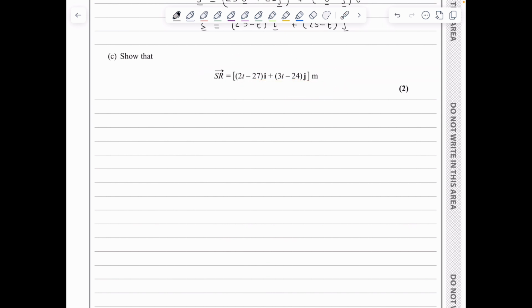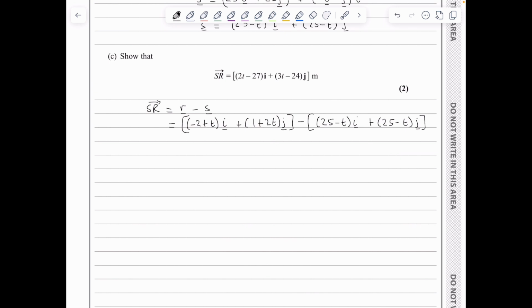In part C, we need to show that the vector SR is given by this expression here. Well, we know that the vector SR is given by the position vector of R minus the position vector of S. We have found that the position vector of R is negative 2 plus t, that's the i component, plus 1 plus 2t, that's the j component, and I will be deducting the position vector of S, which is 25 minus t i plus 25 minus t j.